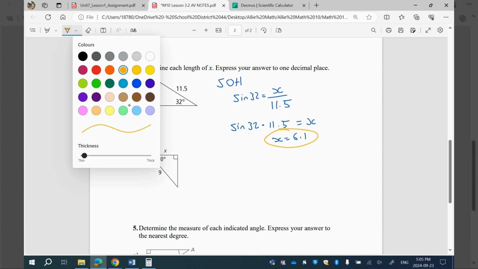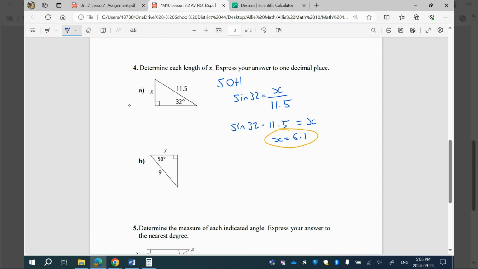Let's try the next one. Looks like we have an angle of 50. We want to know the adjacent side, and we know the hypotenuse. So I'm going to use cos, adjacent over hypotenuse. So cosine 50 equals x over 9. Now we can cross multiply and divide. So cos 50 times 9 equals x.